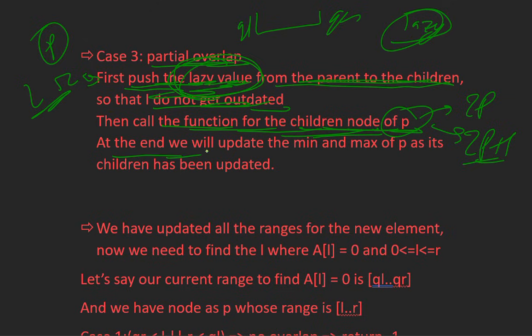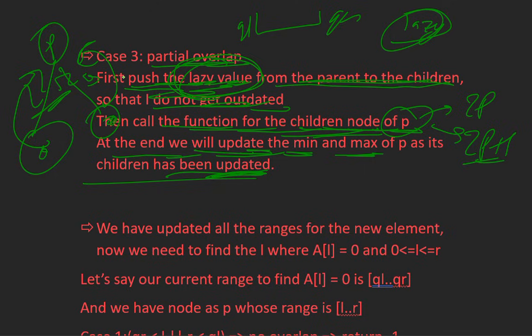At the end, once we update the children, we update our current node's min and max also, because the children have been updated. Suppose p has these two children; if they have been updated, then the minimum and maximum of p may also get updated, so we'll be updating that.